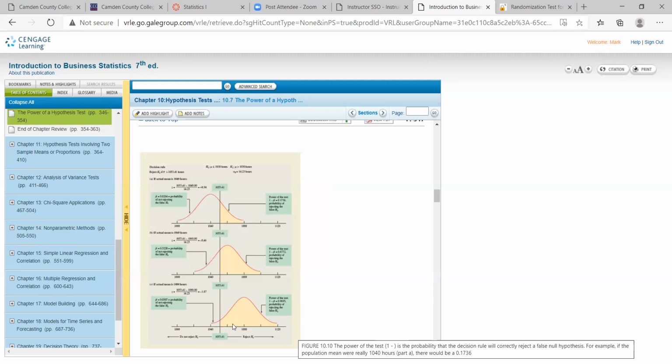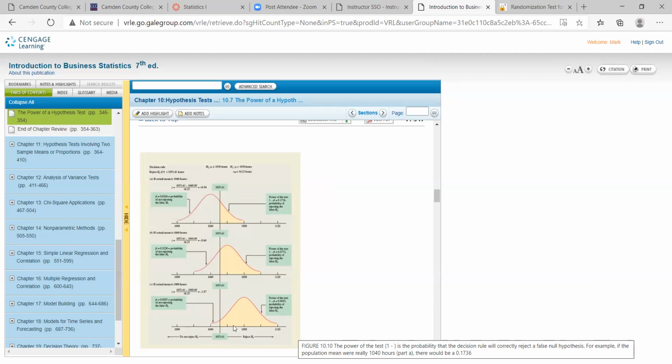The last one. The problem is if we also showed you the curve for the original null hypothesis, which was 1,030, right? And where's 1,030? It's right around here. We drew a curve here.